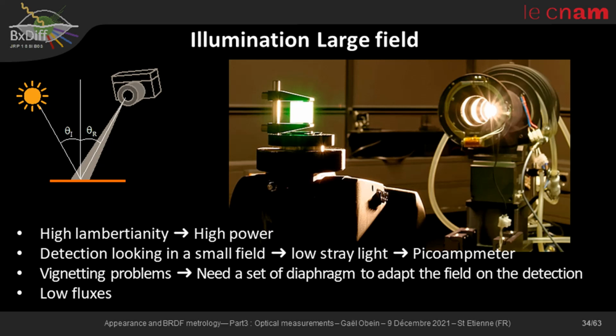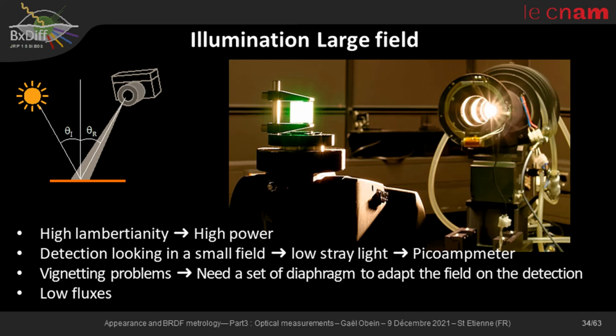One problem is that with this, you get a vignetting problem on the detection, because when the detection is rotating, your field here is getting larger and larger, and it can become larger than the illumination. So that's a problem, you have to be careful.